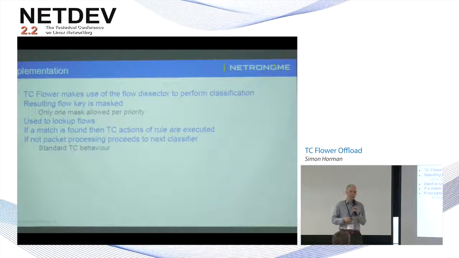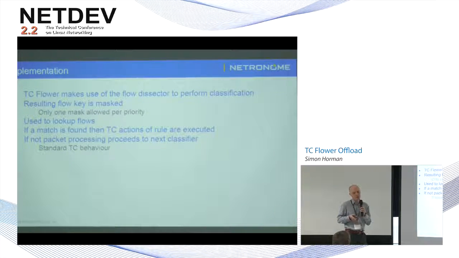So in the case of Flower, that resulting data structure is then masked. A simple example of masking might be that instead of matching on an individual IP address, you want to match on all IP addresses in a particular subnet. So we can use masking to achieve that. And then the resulting masked key is looked up in some kind of hash data structure.